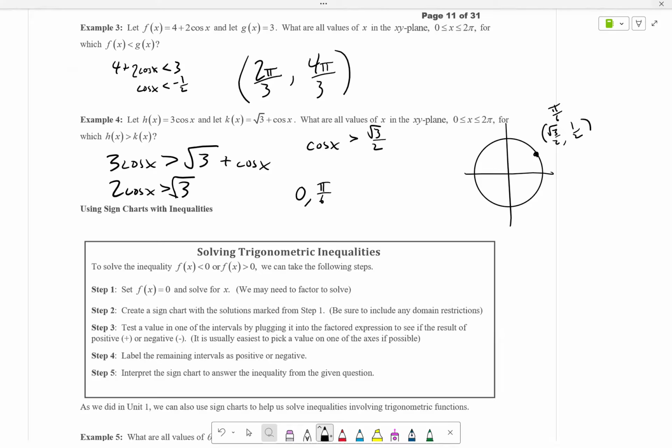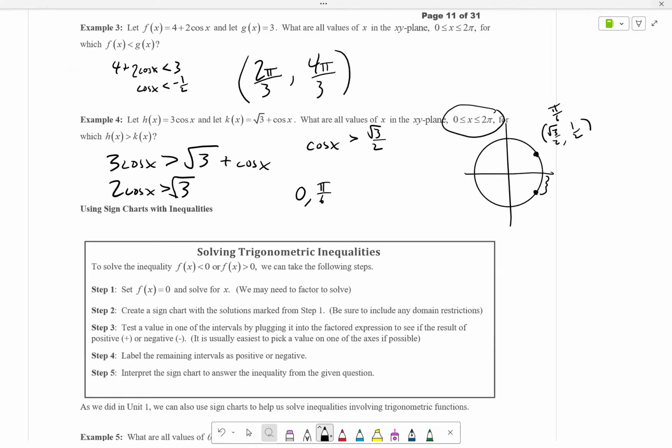Okay, yeah, Max, what's your question? We also go from 0 to -5 pi over 6. Oh, yeah, there are some values here, aren't there? So is it 0 to -5 pi over 6? Yeah, Jonas? You can't have -5 pi over 6 because it's not an interval, so you would say 11 pi over 6 to 2 pi. So 0 to pi over 6 union 11 pi over 6 to 2 pi.